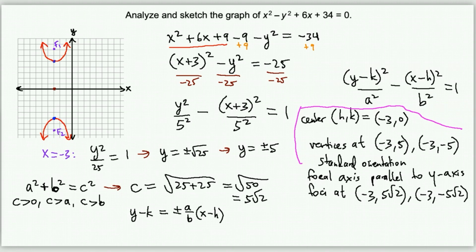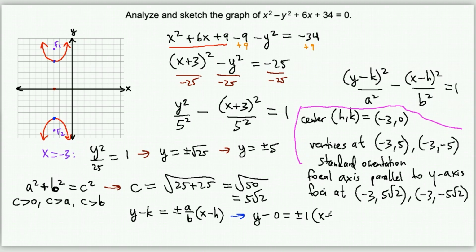So what does that tell us? Let's substitute the numbers. y minus k, and the k value is 0, equals plus minus a over b. A is 5, b is 5, so we're talking about 5 over 5, which is 1. And then x minus h, and h is minus 3.